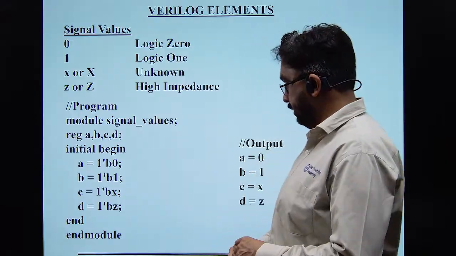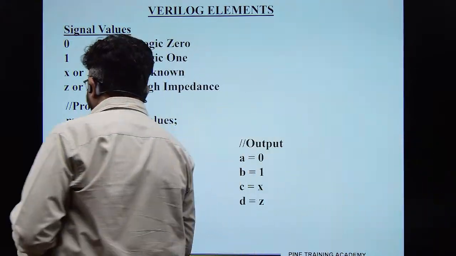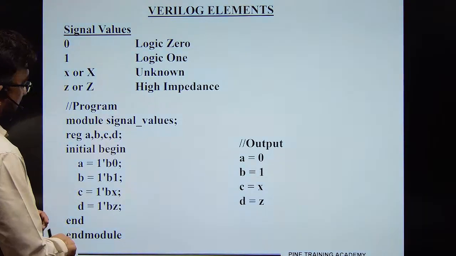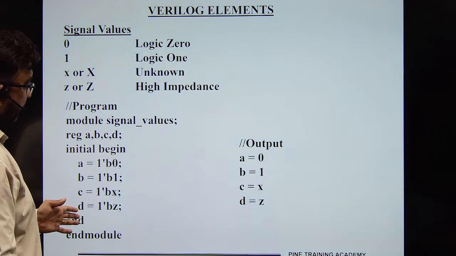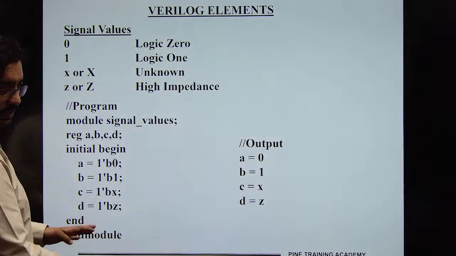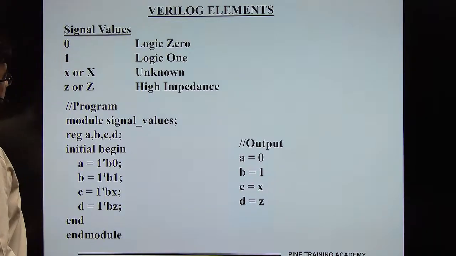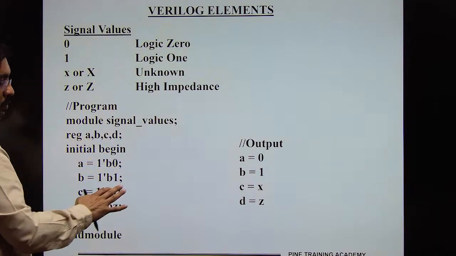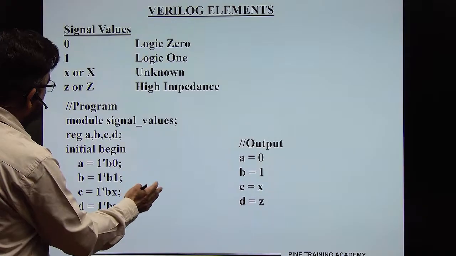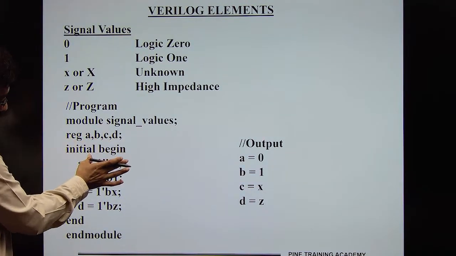Let's see, this is one example, just for your reference. I have written one basic program, and I have not written the $display and all that syntax, because I don't want to do that. I'm just explaining what a signal value is. So: module, reg, initial begin.